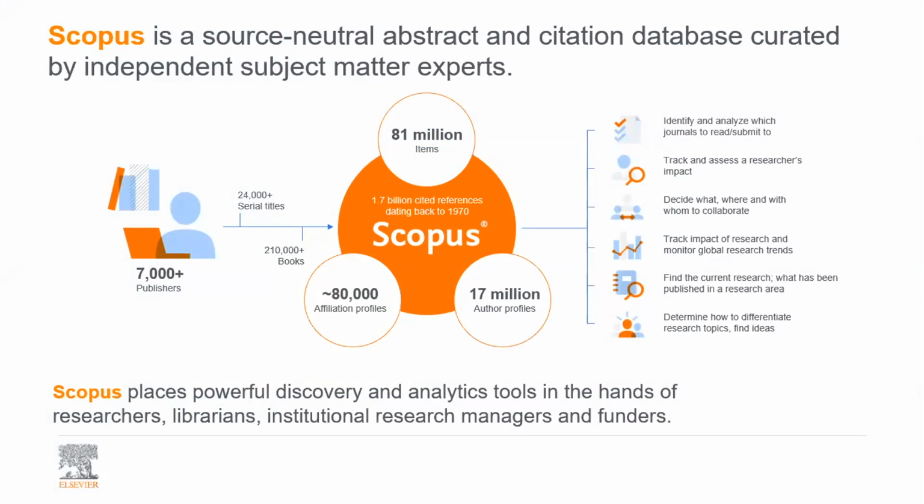This delivers a comprehensive view of the world of research and has tools and functionality on top of this to support you to track, analyze, and visualize research data from 7,000 different publishers. All this comes together and powers your research and helps you to stay up to date with the current publications, analyze journals you want to publish in, track and monitor global trends, find collaborators, and much more.